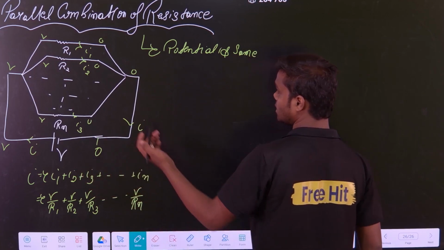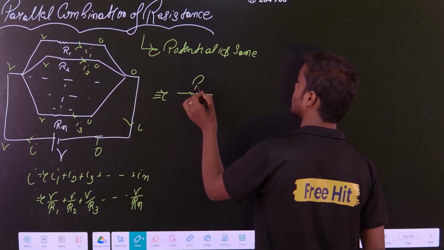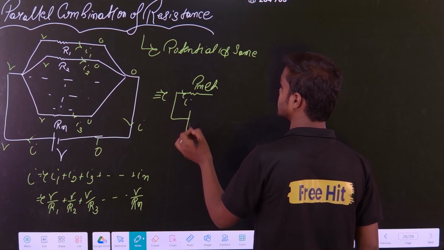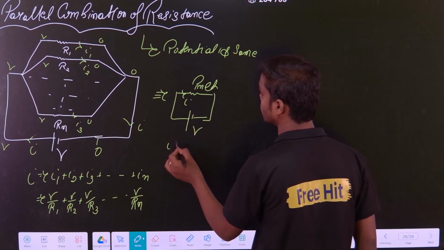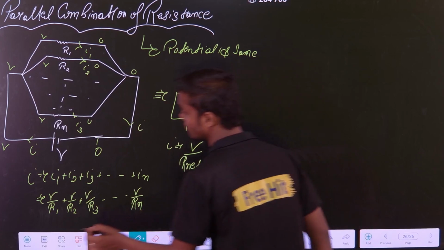Now what is I? If it is equivalent, it will be something like this: R net, with some current I, same as the previous one, some voltage V. So what is my I? I will be V upon R net. Just put this value here.